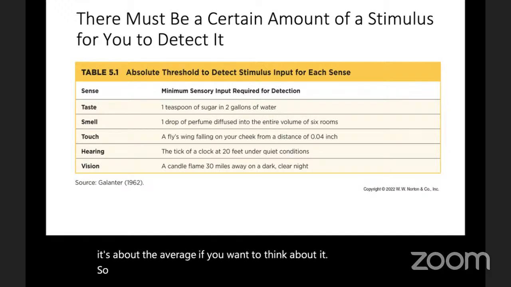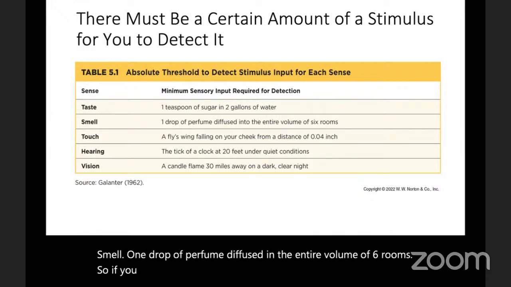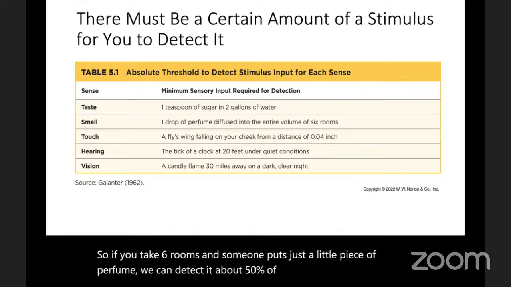So for taste, we can taste 1 teaspoon of sugar in 2 gallons of water. Smell, 1 drop of perfume diffused in the entire volume of 6 rooms. So if you take 6 rooms and someone puts just a little piece of perfume, we can detect it about 50% of the time.